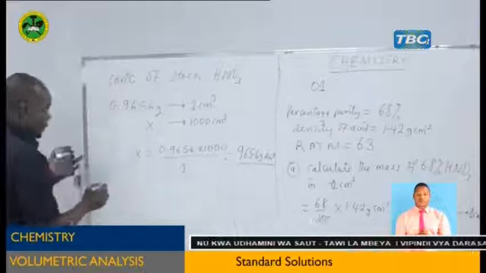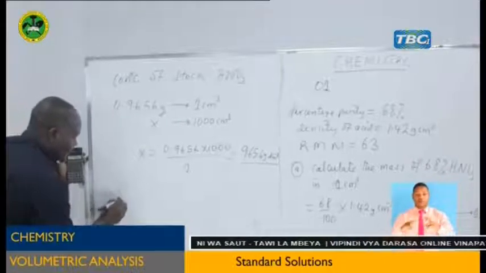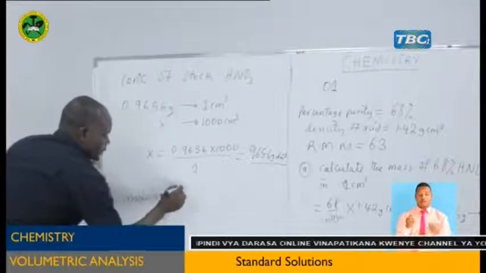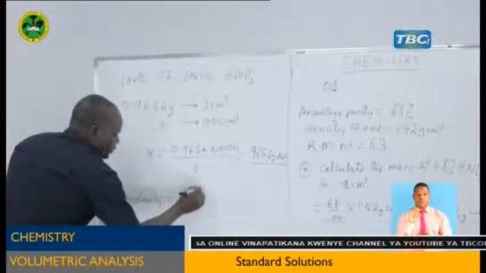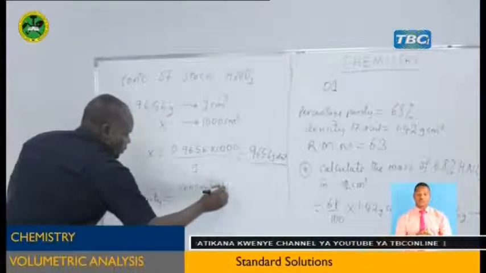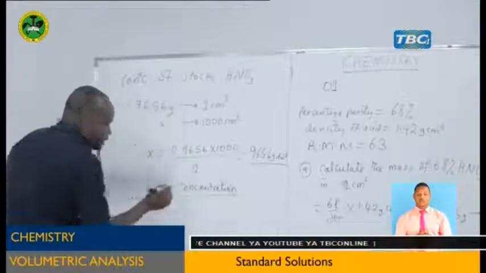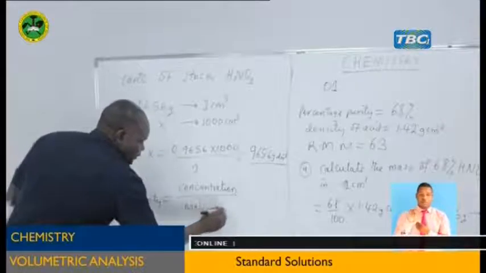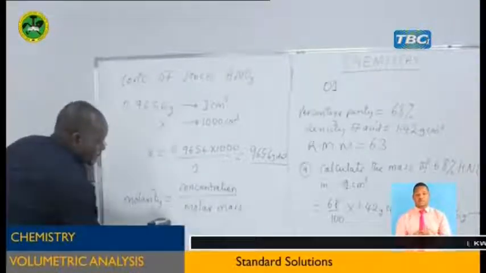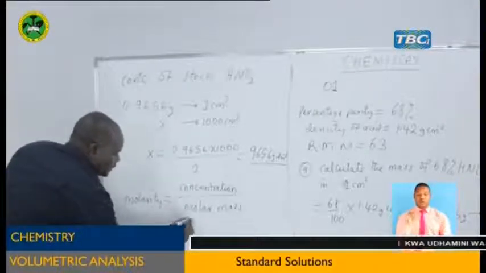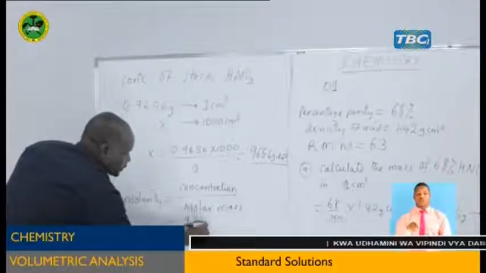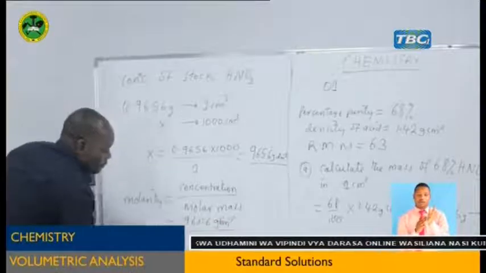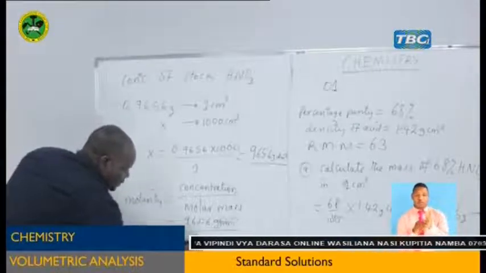Now, to find the molarity, molarity is equal to concentration over molar mass. Here, the concentration we have is 965.6 gram per decimeter cubic, divided by molar mass, which is given as 63.